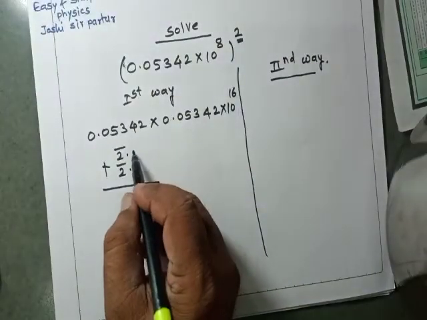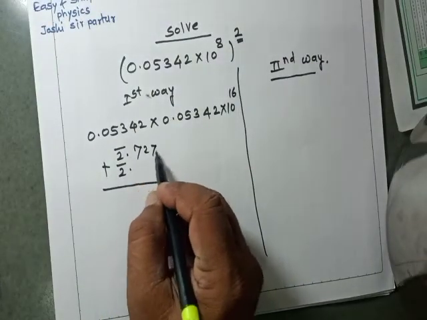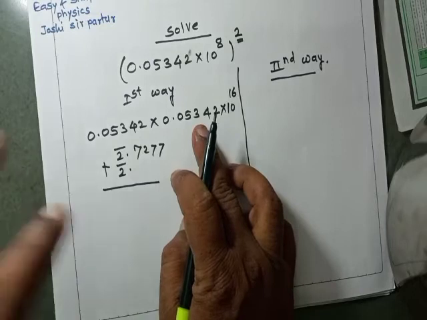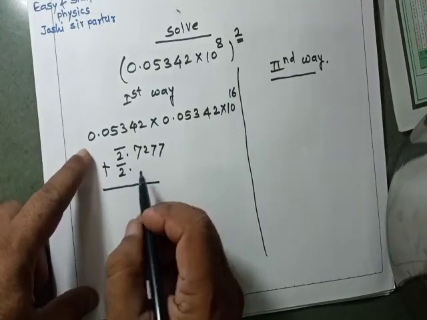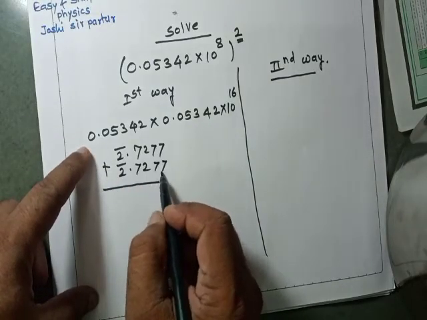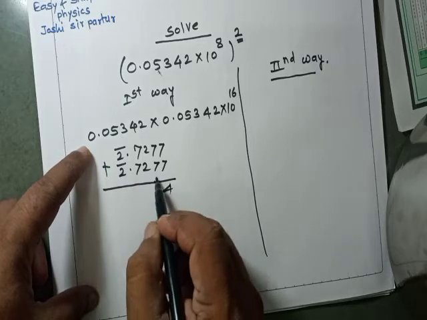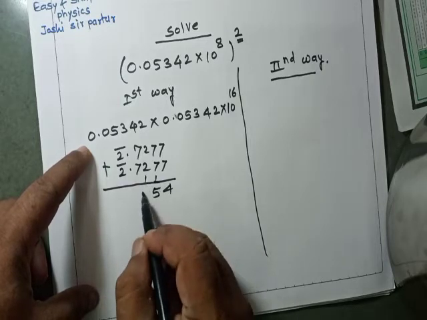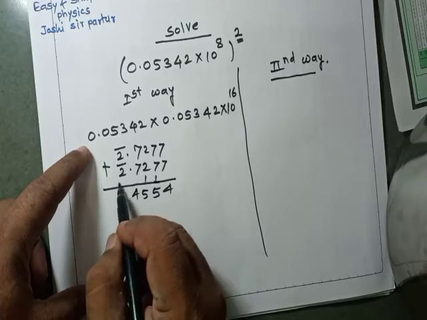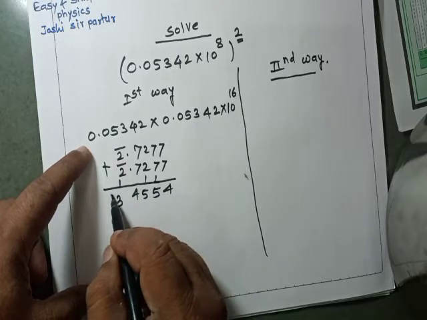So here we can write 7277. Addition: 14, 15, 5, 14 and bar 3.